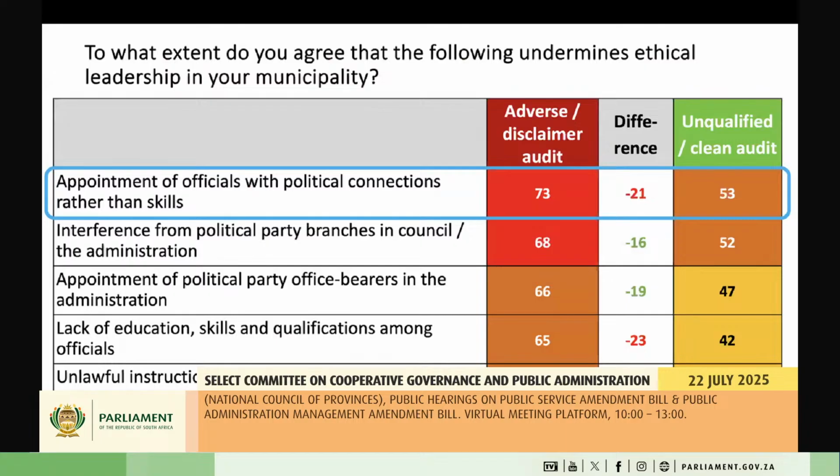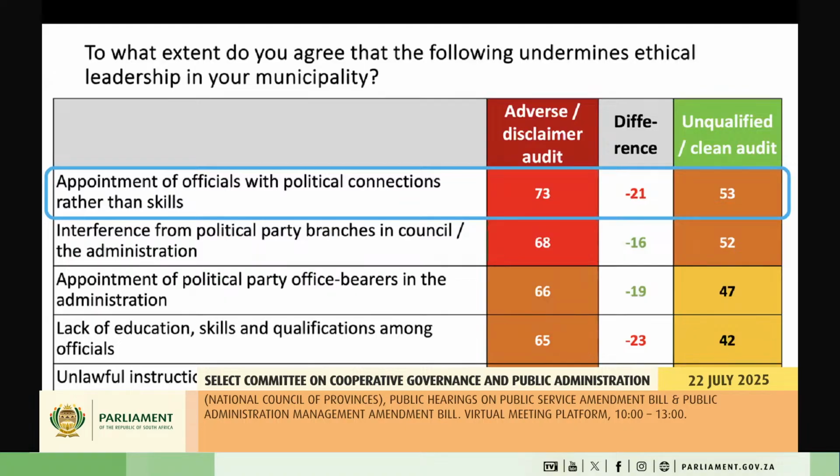So we also, in part of the local government ethical leadership initiative, did a survey, and we asked people, to what extent do you agree the following undermines ethical leadership in your municipality? And the top thing there is the appointment of officials with political connections rather than skills. Makes it really difficult for people to lead ethically in their organizations.